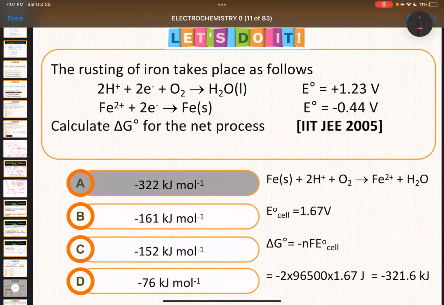Okay, so this is anode, cathode. So which one is going to be anode, which one is going to be cathode?